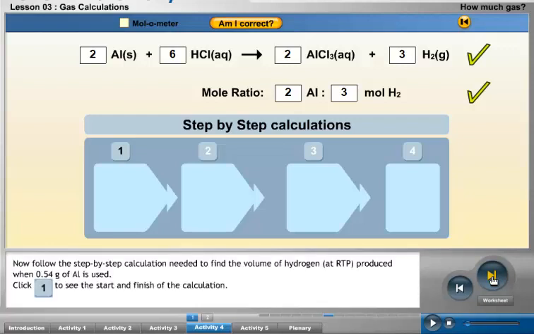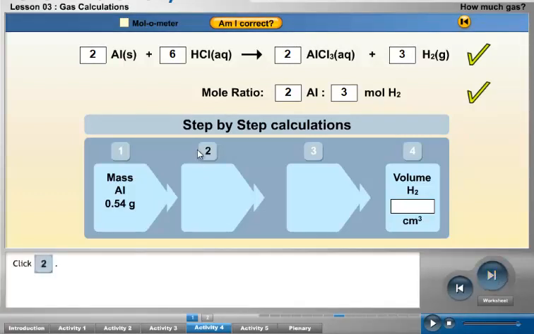Now, follow the step-by-step calculation needed to find the volume of hydrogen at RTP produced when 0.54 grams of aluminium is used. Click 1 to see the start and finish of the calculation. Click 2.